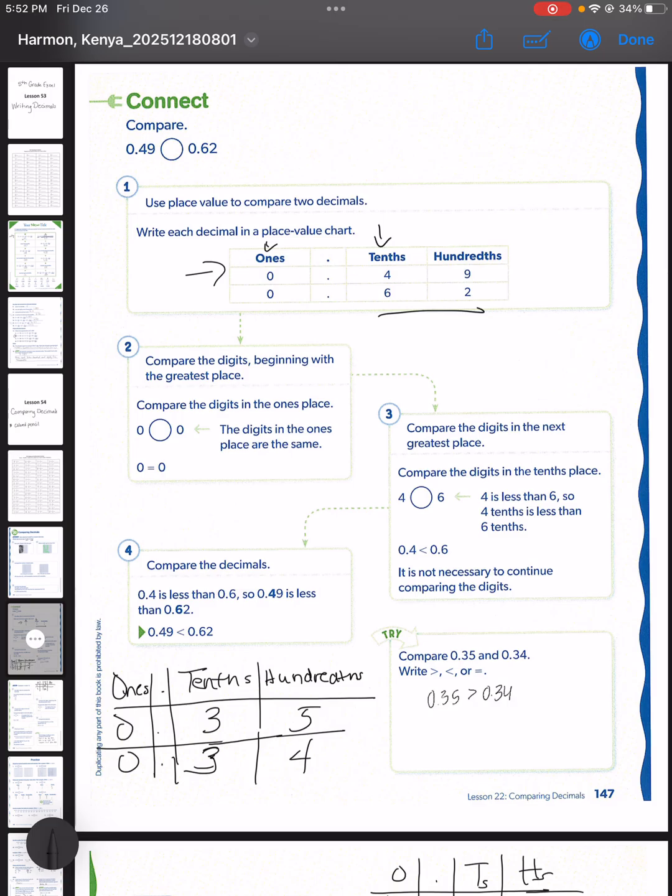As they get into the try it problem, it's going to be helpful if students draw or have access to a place value chart so that they can fill it in as you see here, and they can follow the same steps. When they see the 5 and the 4, they'll see that the 5 is greater than 4. That's how we're able to figure out that 35 hundredths is greater than 34 hundredths.